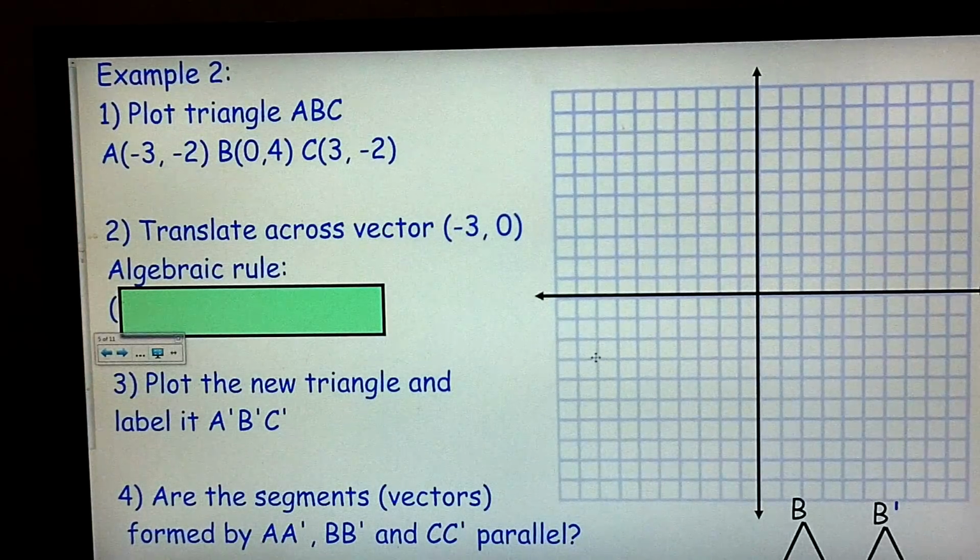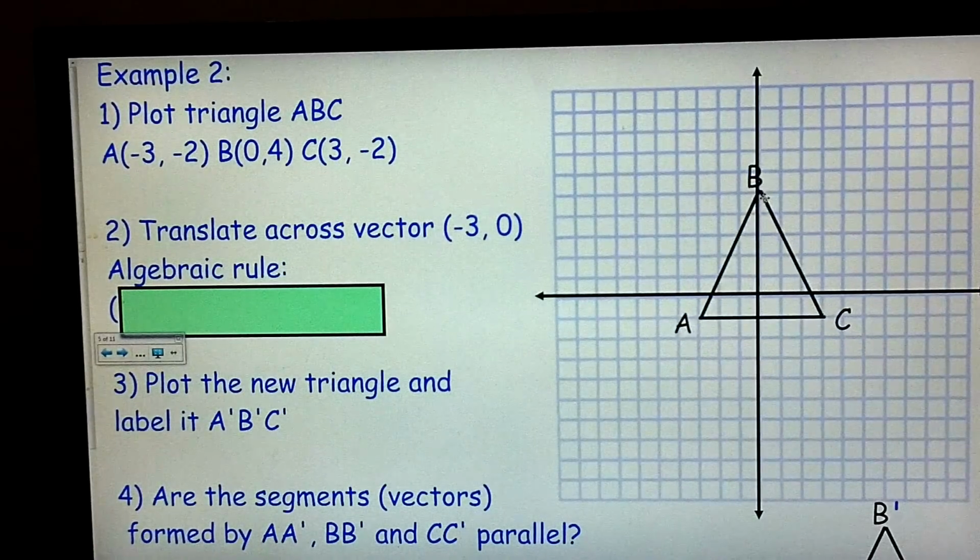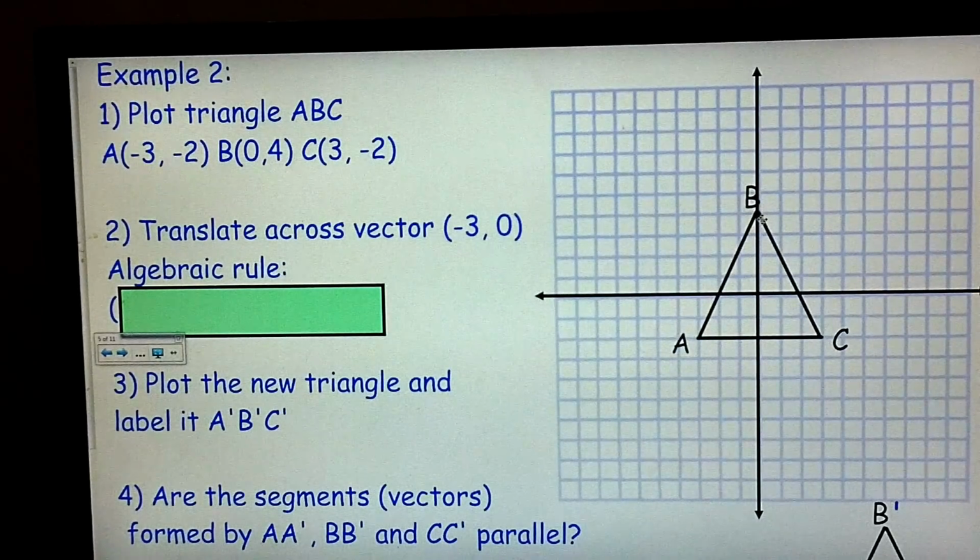For our last example, we're going to take a look at another triangle. Take a minute, pause the video, and plot the first triangle. Our rule this time now is -3 and 0. See if you can come up with how that would be written as an algebraic rule, and I'll show you the answer in a couple seconds.